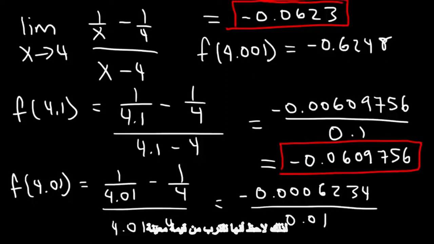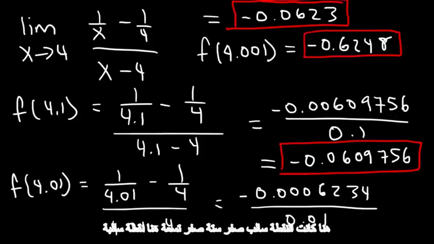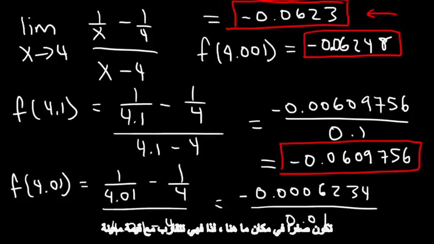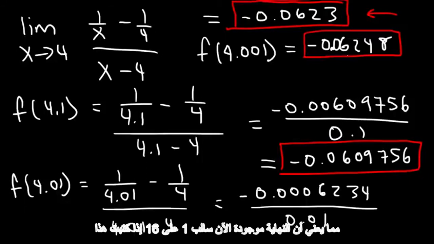So notice that it's converging to a certain value. Here it was negative 0.0609. Here it's negative 0.0623. And now it's negative 0.0624. And I'm missing a 0. It's supposed to be a 0 somewhere here. So it's converging to a certain value, which means that the limit exists.